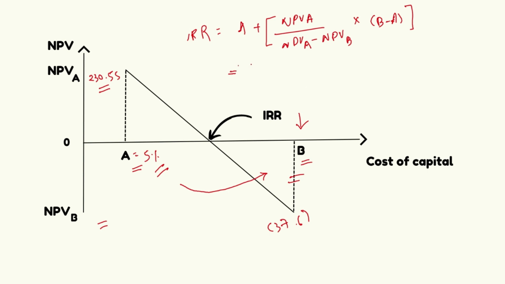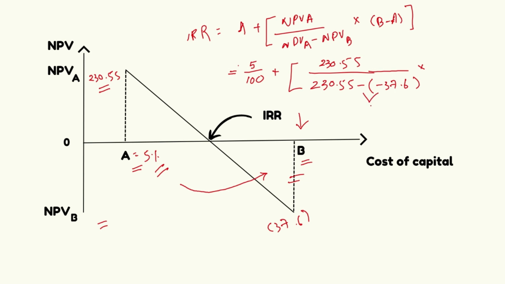We need to convert the percentage values into decimal values because we cannot use percentage values as they are. So 5 divided by 100 plus... Very important thing to note here: because there is a minus value here, and the next value is also a minus value because it is a negative NPV value, which is 37.6. So you know what will happen if two negative values multiply.